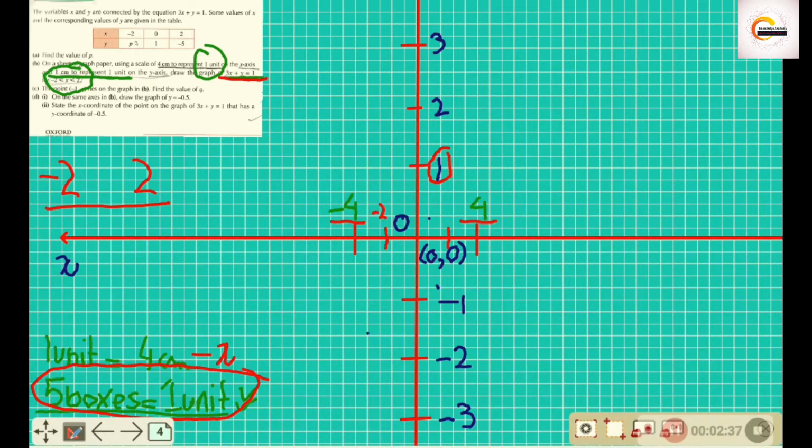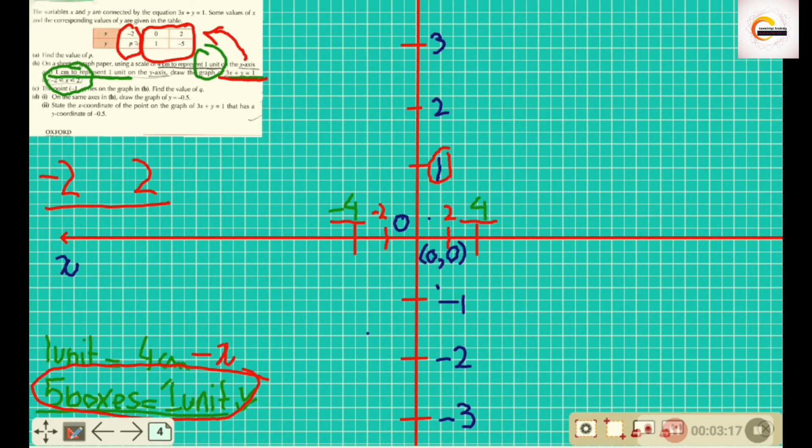-2 and 2. And how am I going to draw the line 3x plus y? From part 1 I have calculated 1 point, which is p equal to -7, and I know that there are 3 points on this line. So simple, I'm going to plot these points, or maybe 2 points only, and draw a line. So I'm going to take 2 easy points from this table. First I'm going to plot 0 and 1, which is very easy.